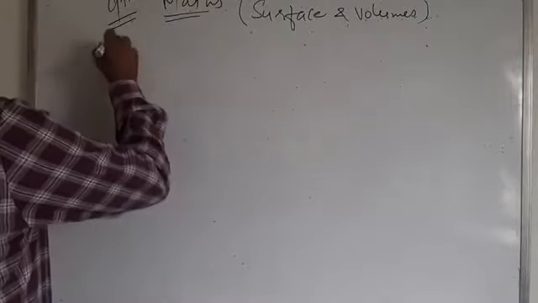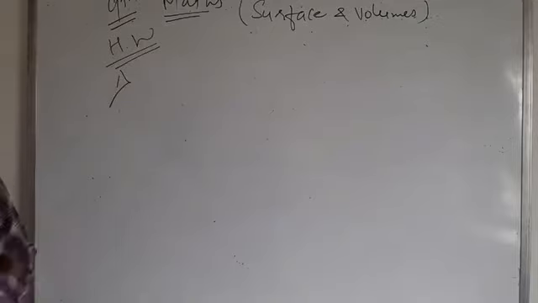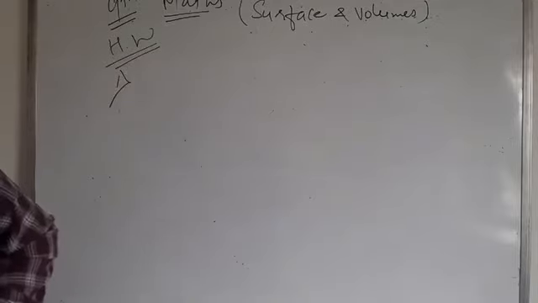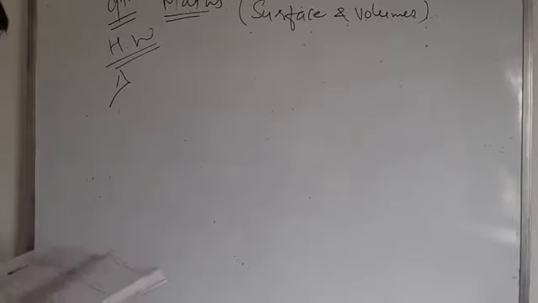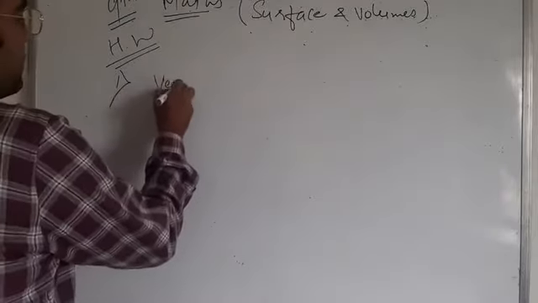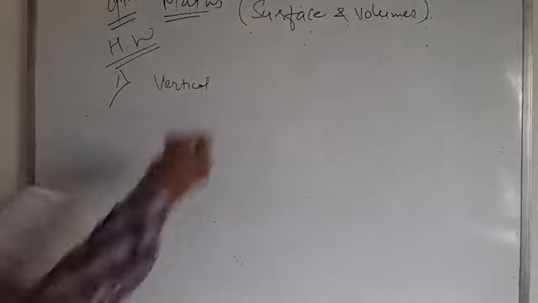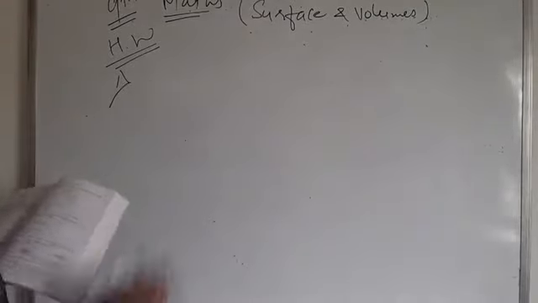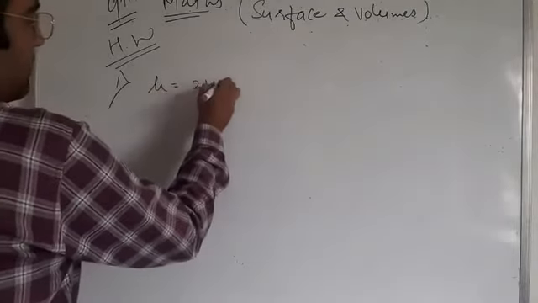Homework for today's session. The first question is that the height of a cone is 21 cm and the slant height is 28 cm. Here vertical height is given as h, 21 cm.